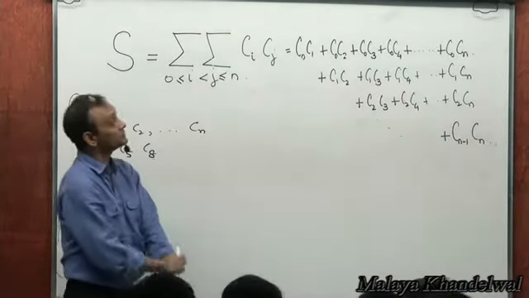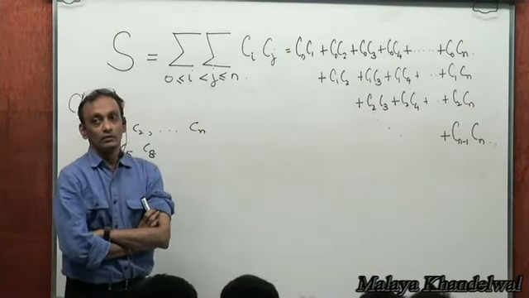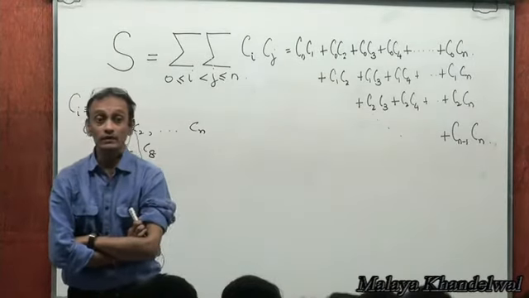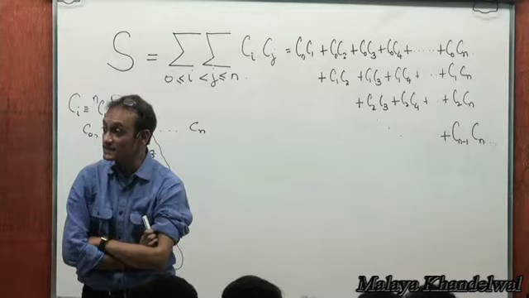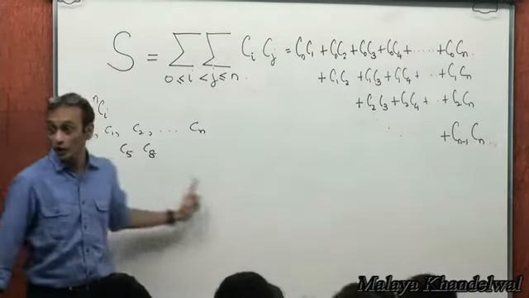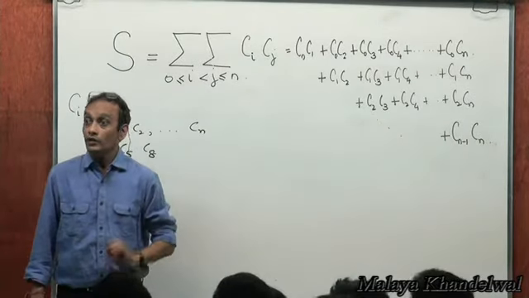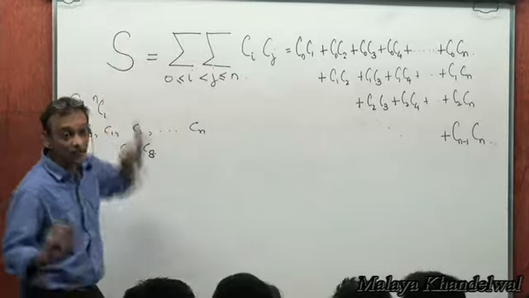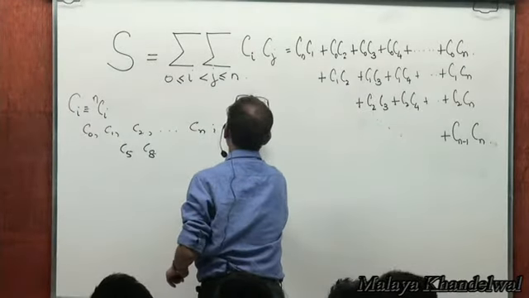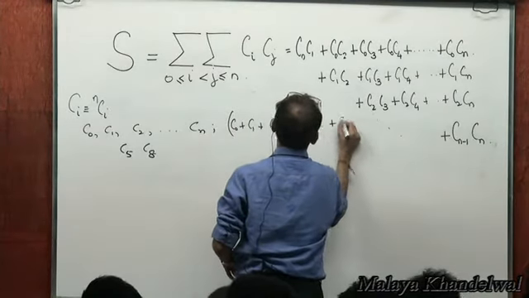Now realize that I need to find where this S will appear. This S is the sum of the product of these numbers taken 2 at a time. I want to figure out physically where this will appear. It will appear in the following: C0 plus C1 plus C2 plus C3 plus up to Cn, whole square.